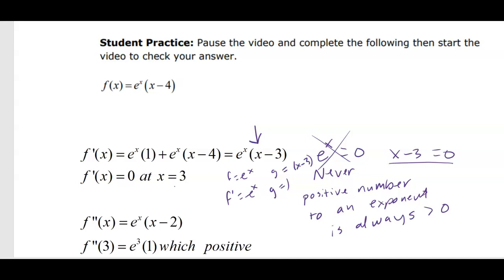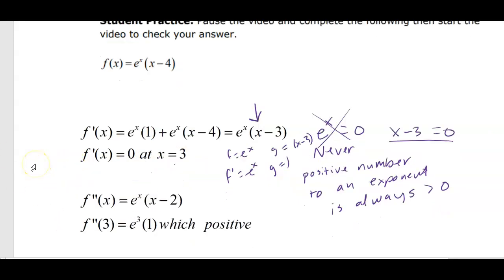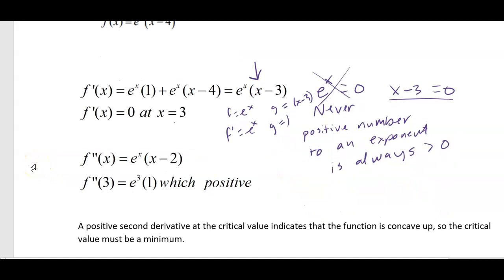But I've been asked just to use the second derivative test to find relative or local, depending on which text you're using, maximum or minimum. So I need to go to the critical value and put that into the second derivative and find the sign. So the sign is positive.